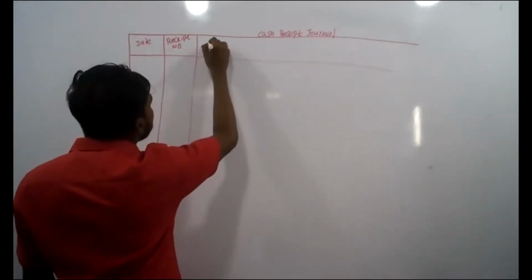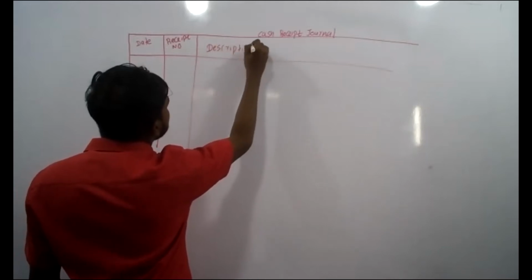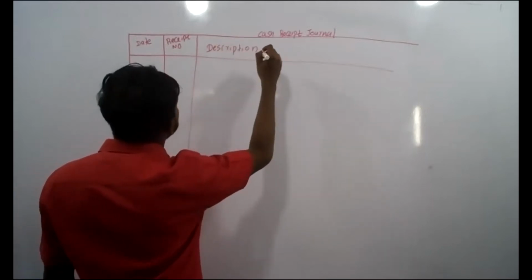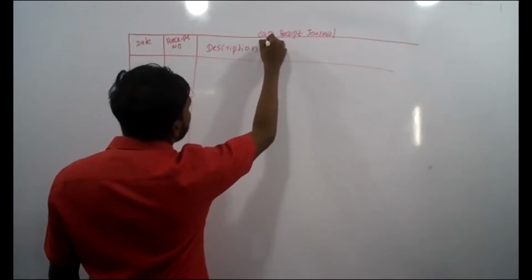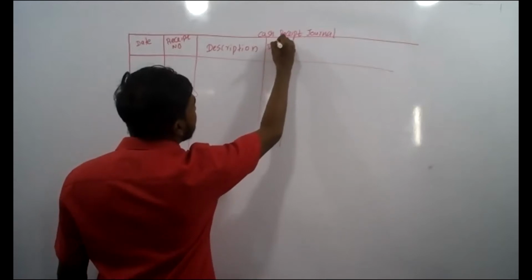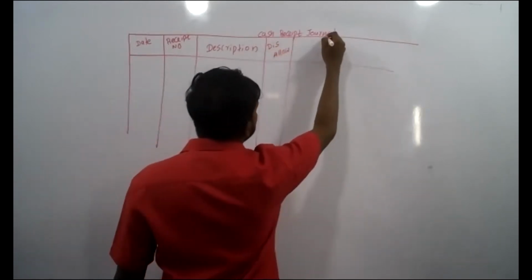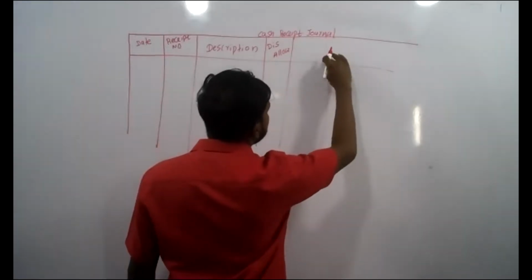Right. Then here is the description. Then for the cash receipt journal, we get discount allowed. Right. Then here comes the amount.